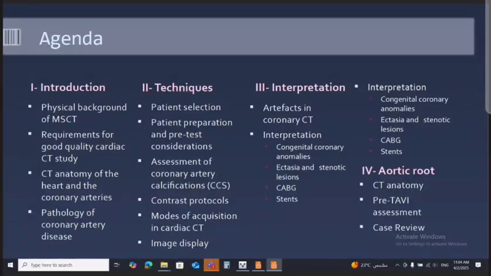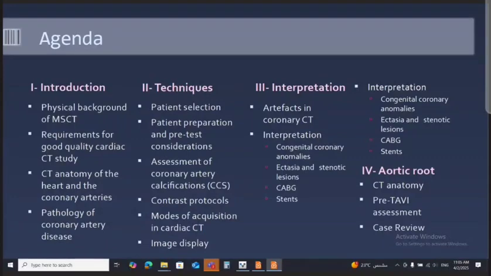Then we'll start the second session, and we will discuss the techniques of CT coronary angiography, the patient selection, patient preparation and pre-test considerations, assessment of coronary artery disease and coronary artery calcification, coronary calcium score meaning, contrast protocols for coronary angiography, modes of acquisition in cardiac CT, and finally the image display in cases of coronary CT.